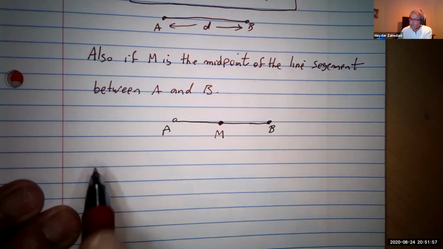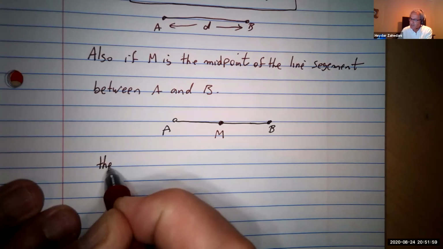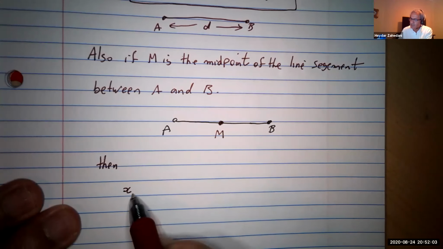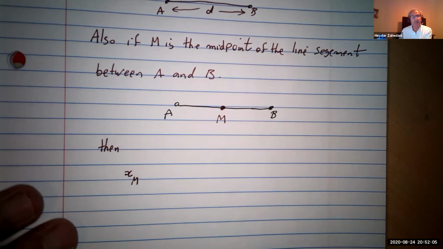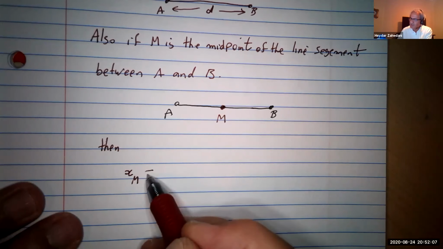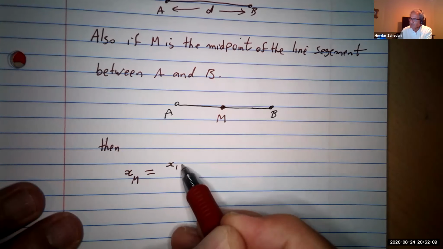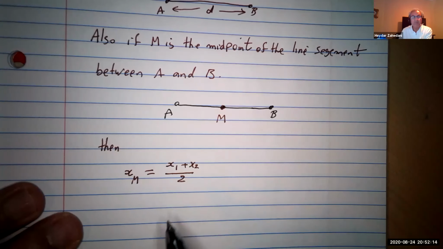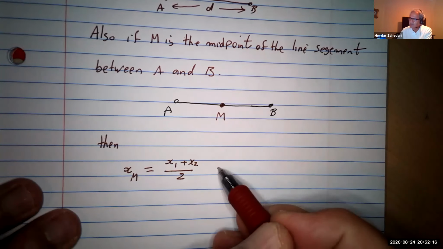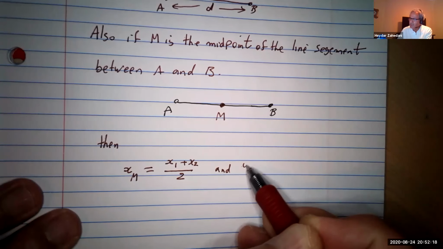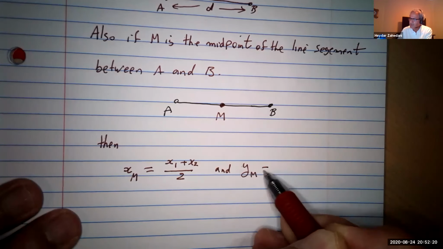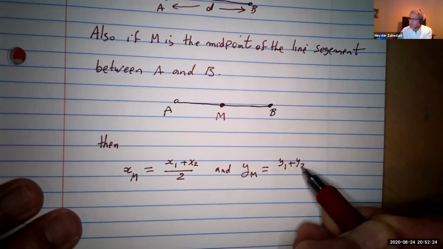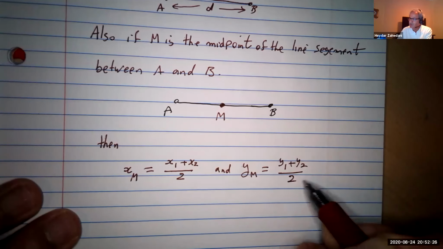If this is the case, then the x coordinate of M, we call it xm, is equal to x1 plus x2 over 2. And the y coordinate of M is equal to y1 plus y2 over 2.